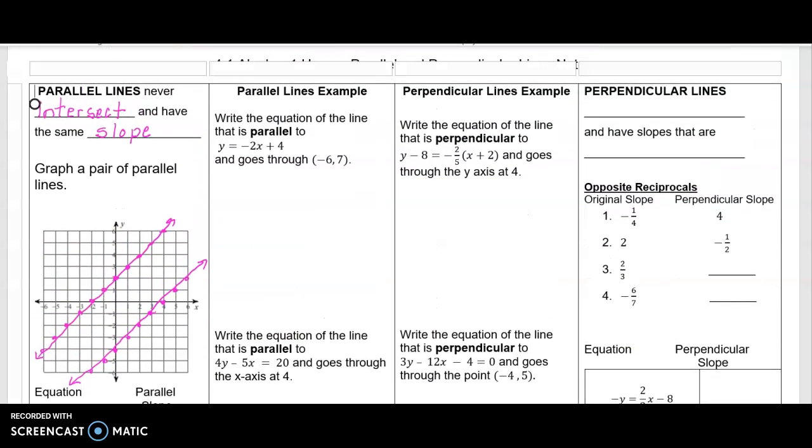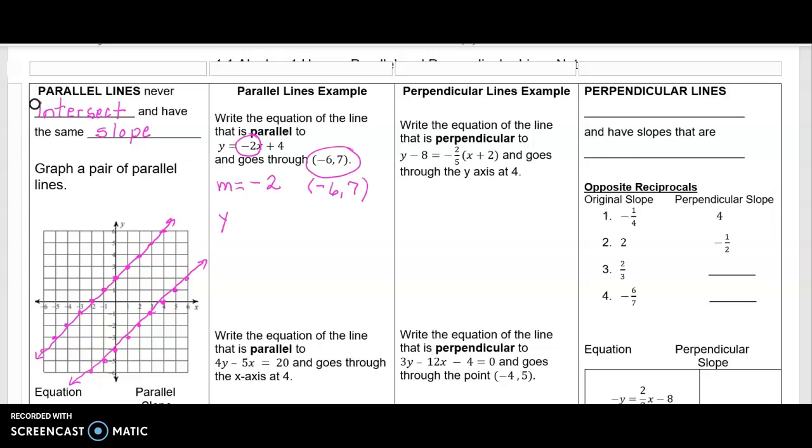It says write the equation of the line that is parallel to y equals negative 2x plus 4 and passes through the point -6, 7. So I know my slope needs to be the same as the slope of the given line, but it needs to pass through the point -6, 7.